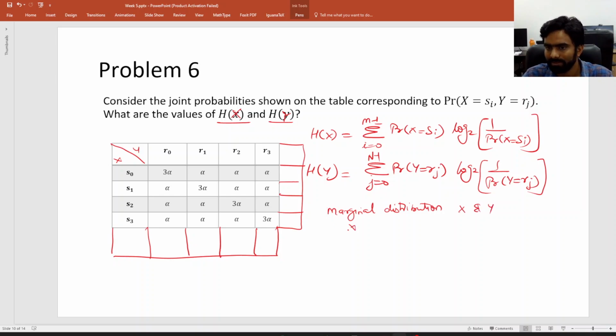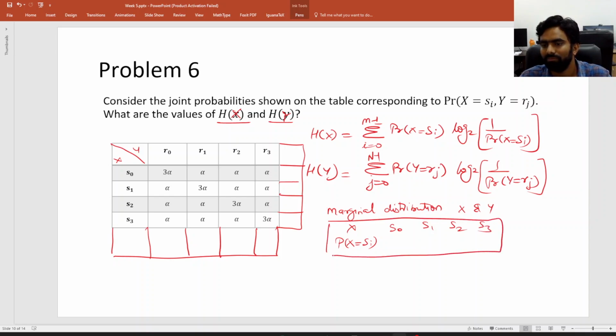So for x, probability x equal to s i, it would be S0, S1, S2, and S3. And for y, probability y equal to r of j, so it would be r0, r1, r2, and r3.